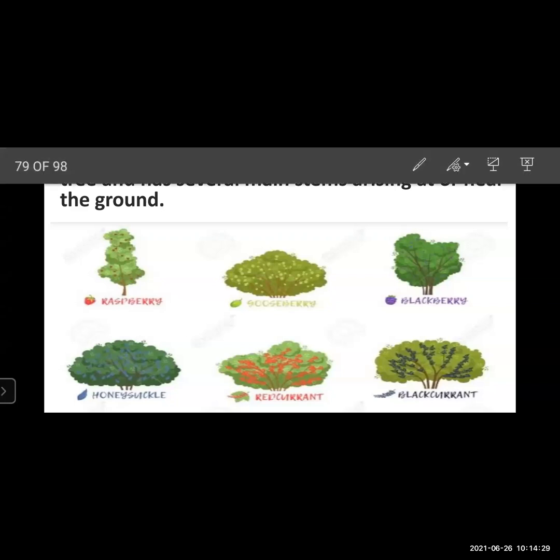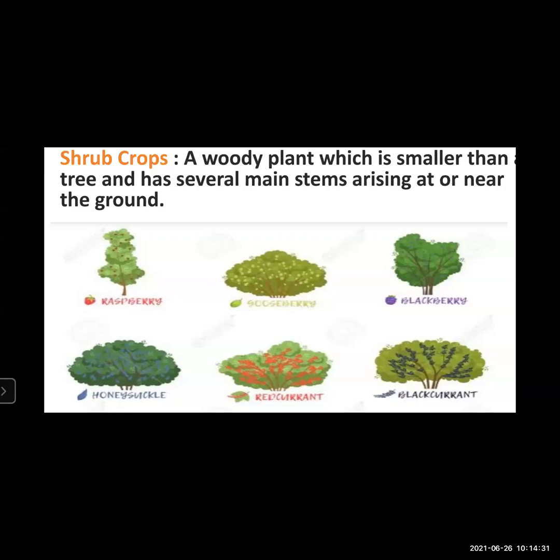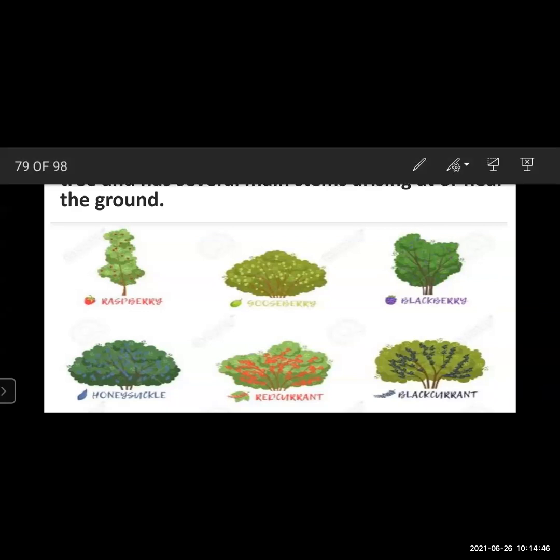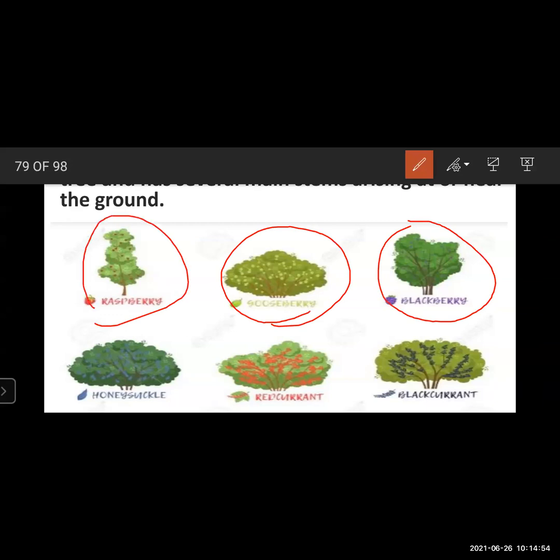Now what are shrub crops? A shrub is a woody plant which is smaller than a tree and has several main stems arising at or near the ground. See, you can see here, these are shrubs which I have shown you in the picture. This one is blackberry. This one is gooseberry. This is raspberry.